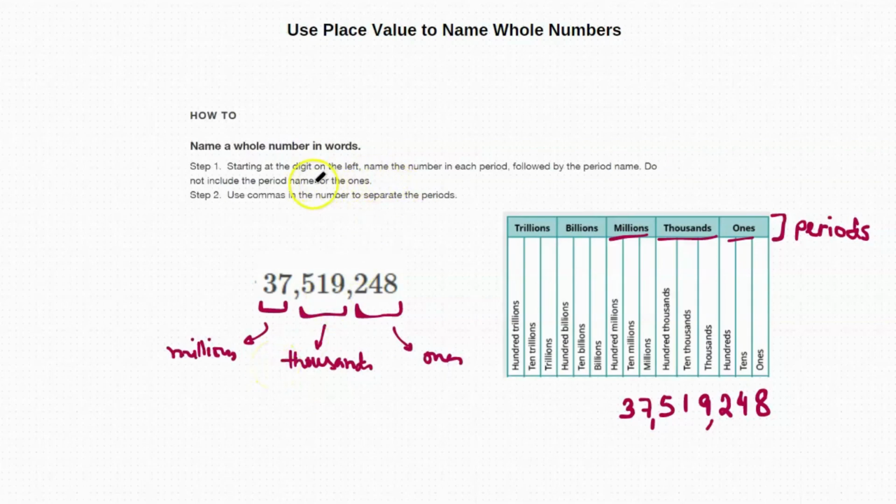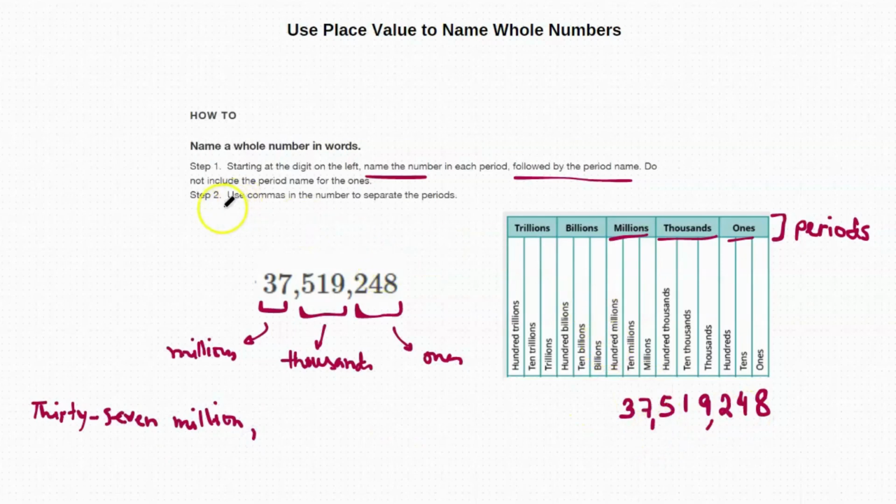So we first name the number in each period. So let's name it. This is 37. And then followed by the period name, which is 37 million. Comma, because there's a comma.